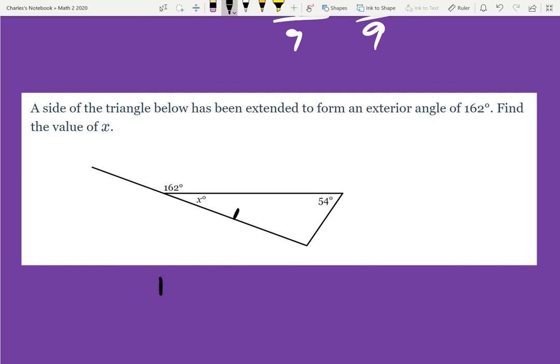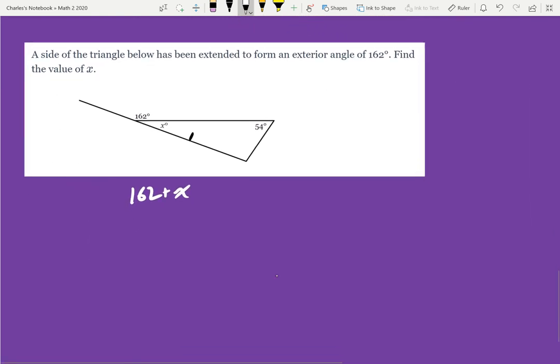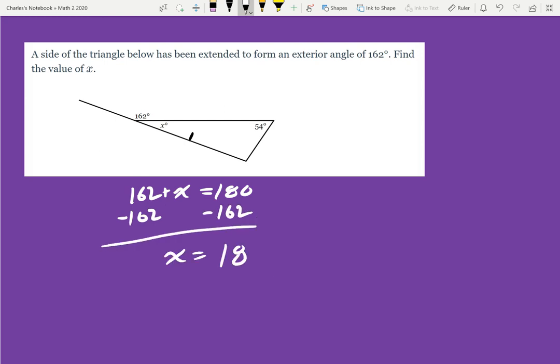So 162 plus x is equal to 180. Minus 162, minus 162. And I get x is equal to 18.